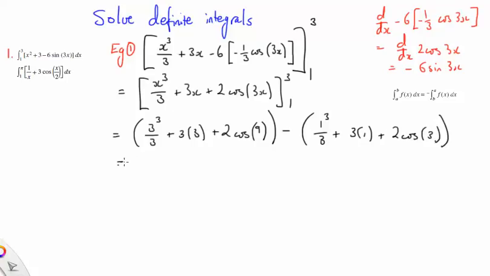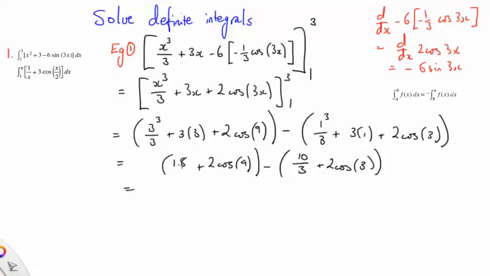Alrighty, this looks nasty. This is 3 squared, which is 9, plus 9 is 18, plus 2 cos of 9 minus a third plus 3, which is 3 and a third, which is 10 thirds, plus 2 cos of 3.